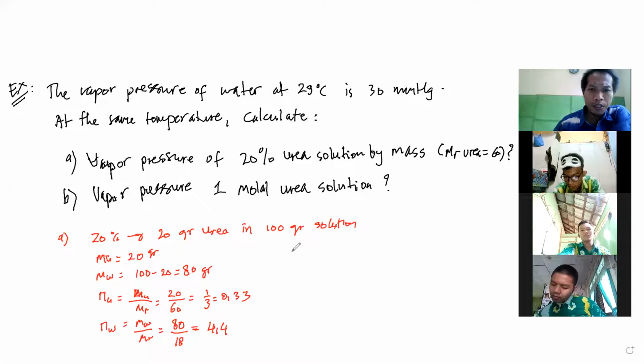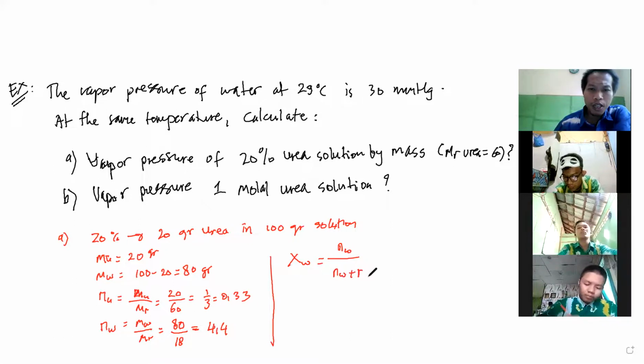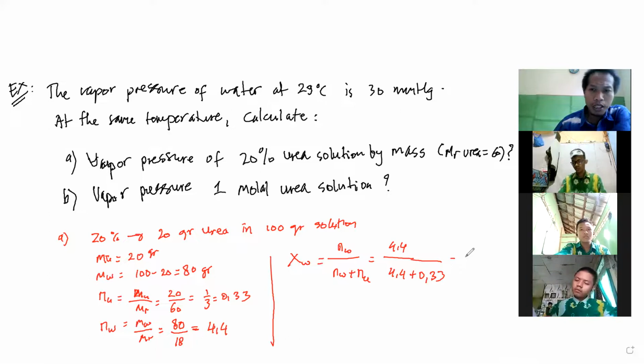Then I'm going to find the mole fraction of water. Mole fraction of water is equal to mole of water divided by mole of water plus mole of urea, which is 4.4 divided by 4.4 plus 0.33. If you calculate this, you will get 0.93.